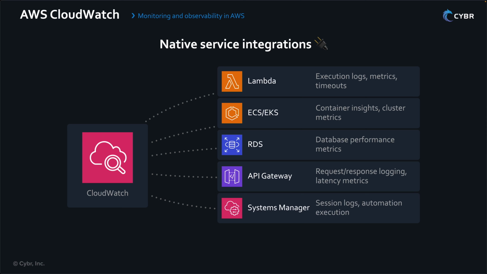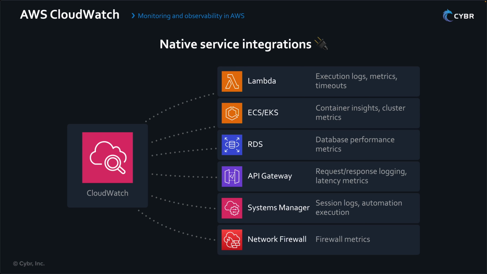We can use it with Systems Manager in order to view session logs and also for automation execution visibility. And as another example, we can use it with the network firewall in order to access firewall metrics. This is by no means the only integrations that we have, because many other AWS services, if not most, will actually integrate with CloudWatch at various levels.